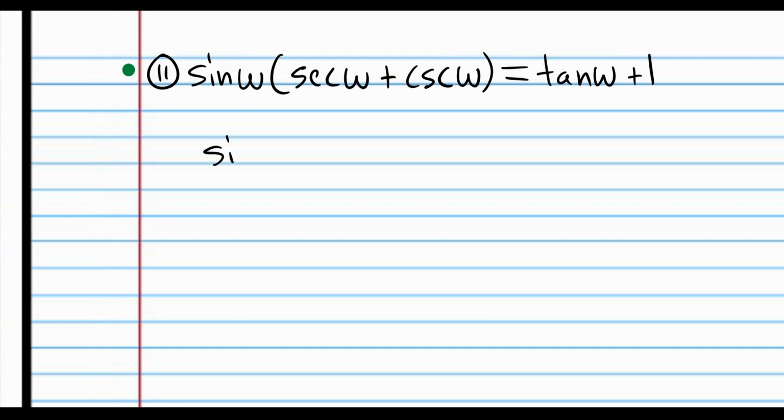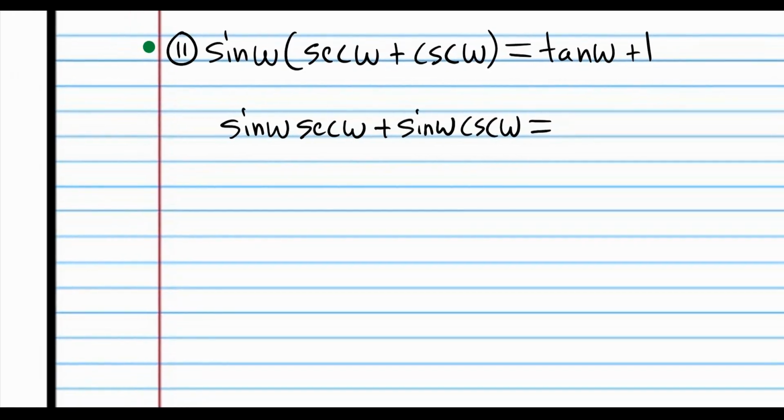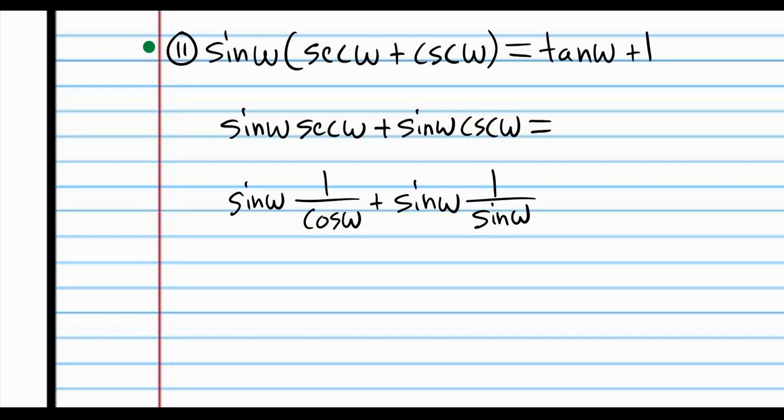Okay, we're back. We're going to use the distributive property. And secant omega is 1 over cosine omega. And cosecant omega is 1 over sine omega.